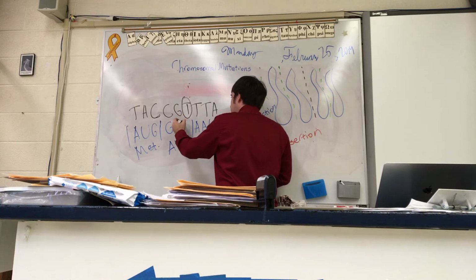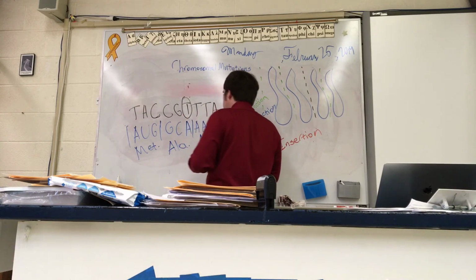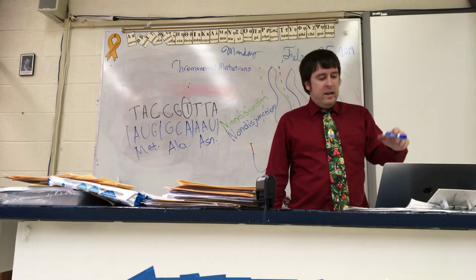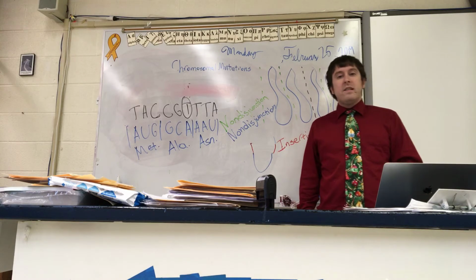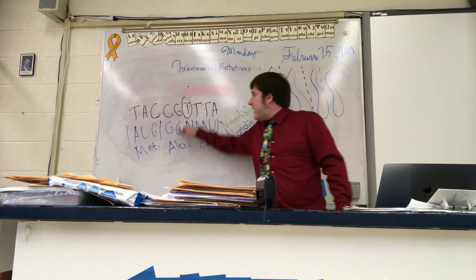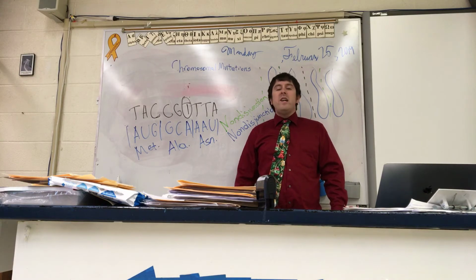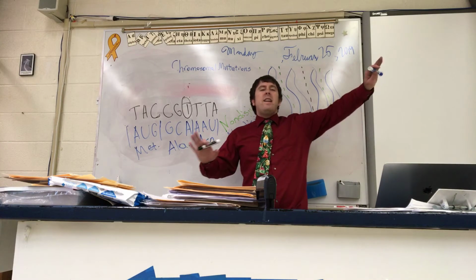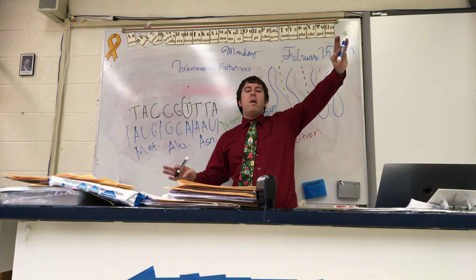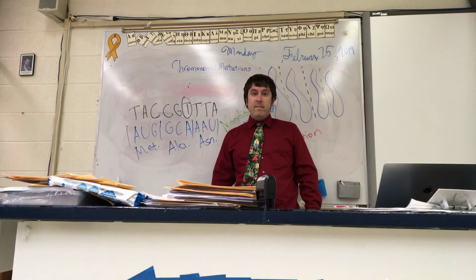That would mean that this has to be an A. GCA on the same chart tells us is also alanine. This change did not affect the actual protein. The mutation, it's almost as if it had no effect. It's almost as if it were silent.